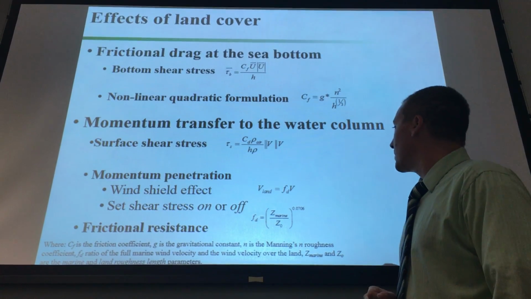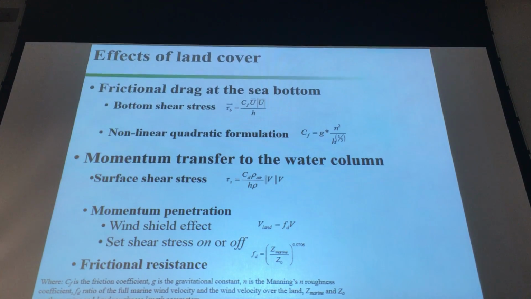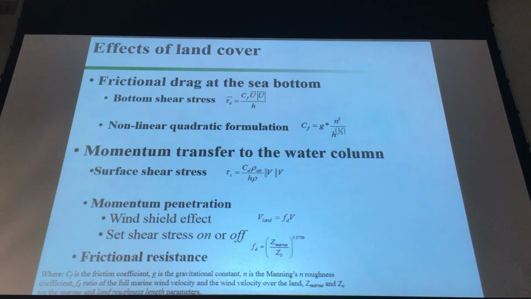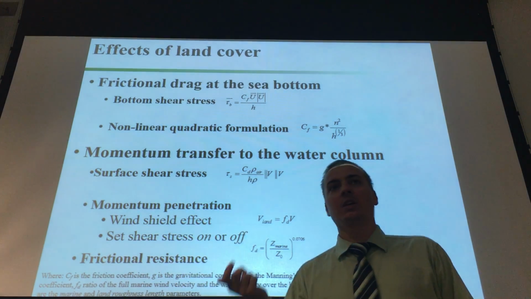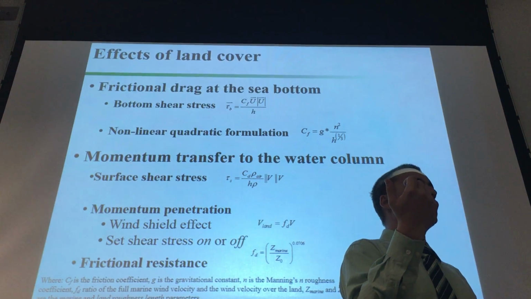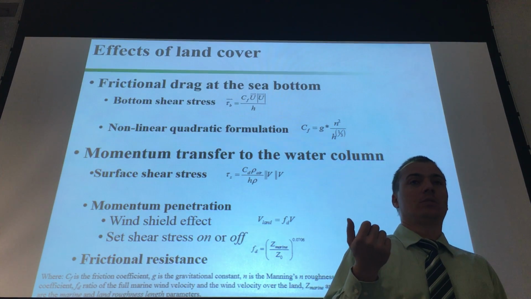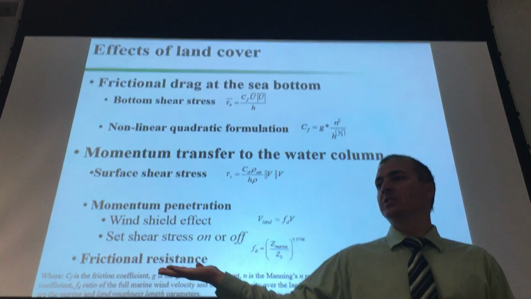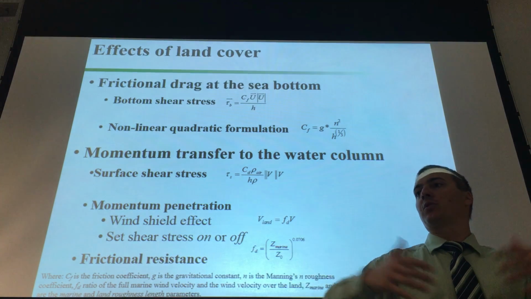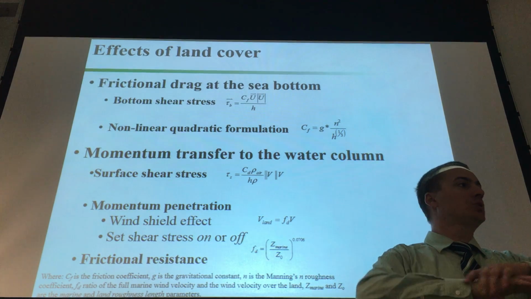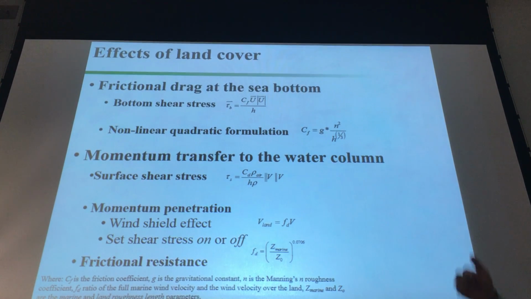The same thing with the transfer of momentum from the wind to the water. There's basically two ways we're going to deal with the wind in ADCIRC. One is we're going to say there is wind momentum transfer or there's not. It's a binary condition. So if a given space is rigid enough or blocking the wind enough that there's no transfer whatsoever, we'll block the wind completely at a given node.